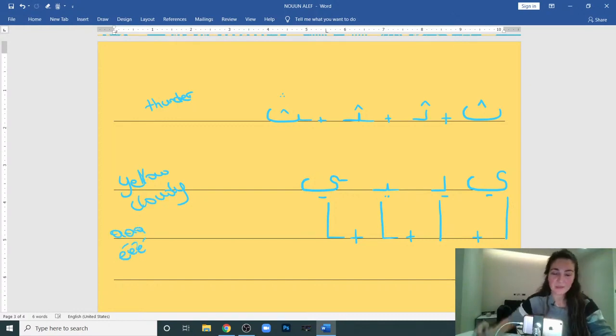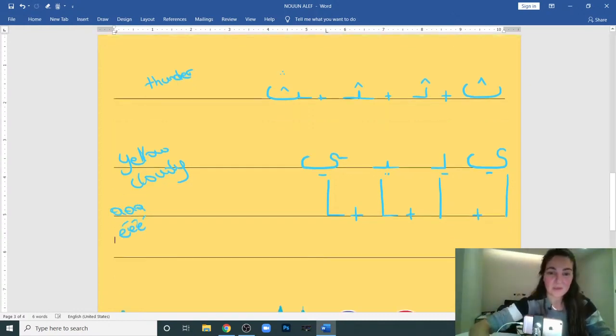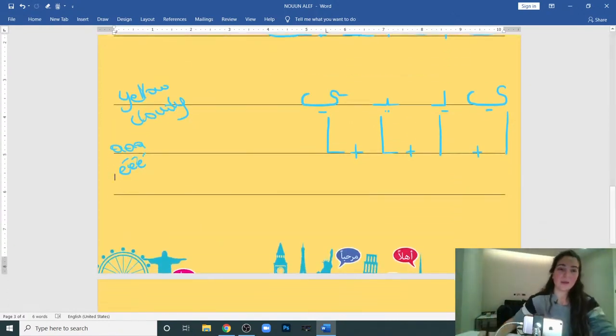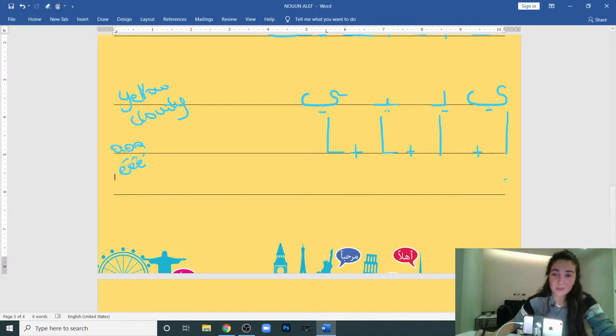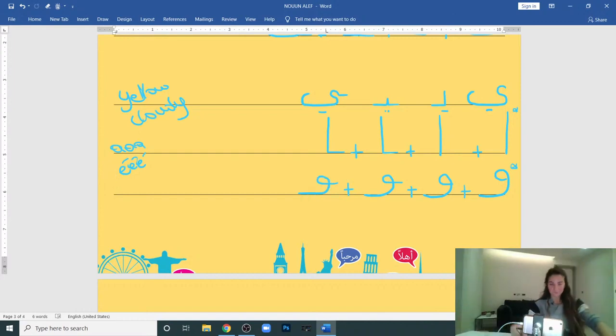The name of the letter is Waaw, and the sound is w as in window or u as in boots. So it's a big comma that sits on the line. It's a star letter. By the way, the Alef is also a star letter, and the Waaw is also a star letter. That's why at the beginning it will look the same. In the middle, it will need a tail. And at the end, it will also need a tail.